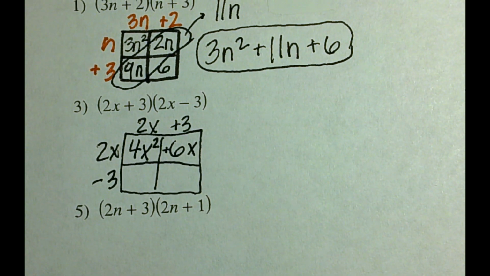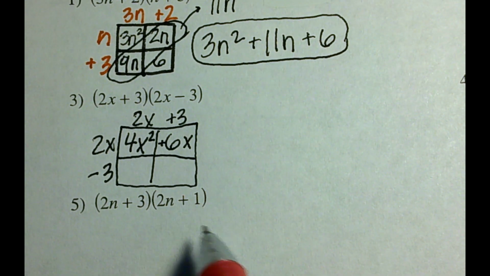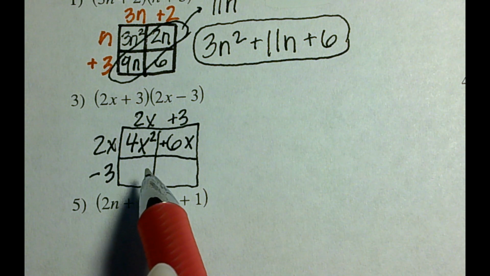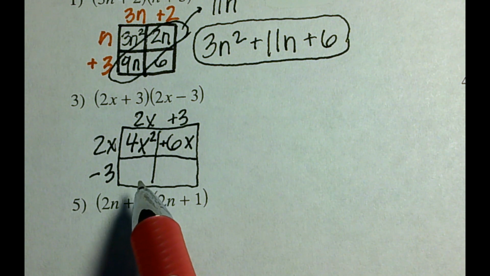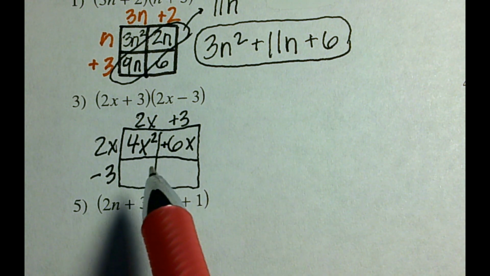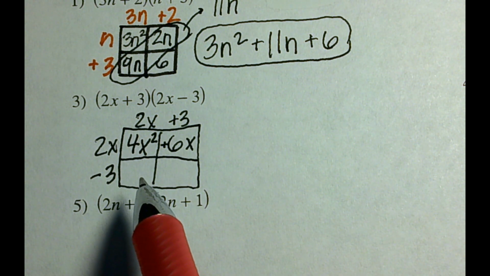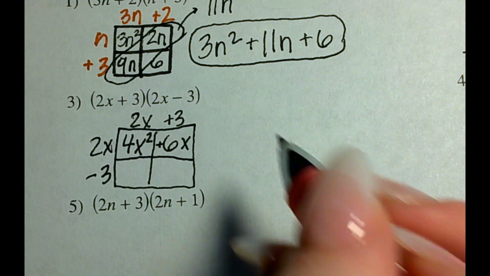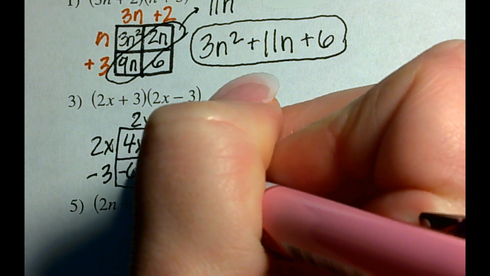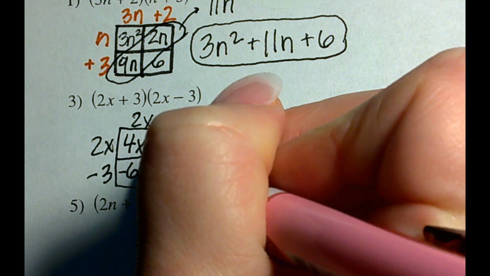I think it just helps me remember what we're doing. Now we'll do the second row. 2x times -3, which is -6x.